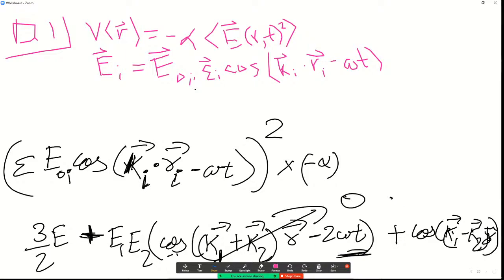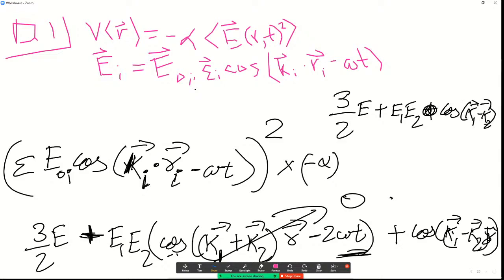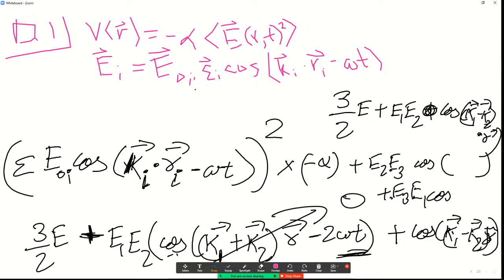So we have 3 over 2 E plus E1 E2 cos of k1 minus k2 vector dot r vector plus E2 E3 and then plus E3 E1 cos. This should be your answer.